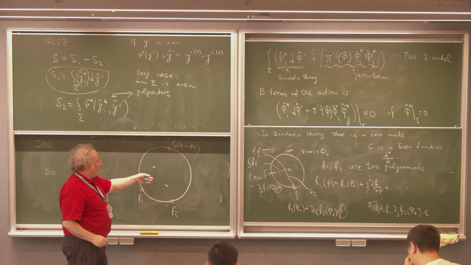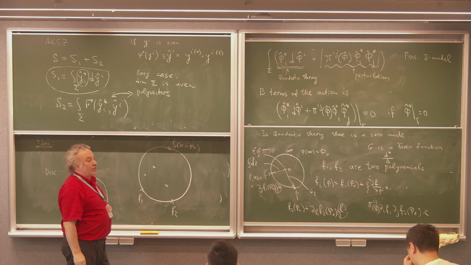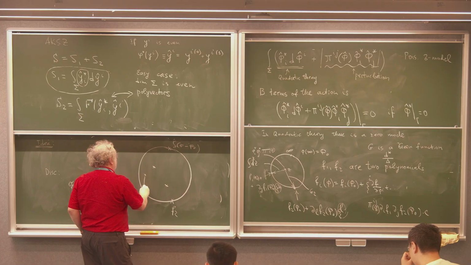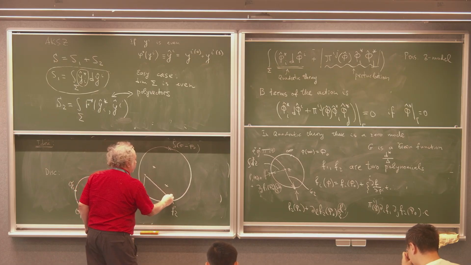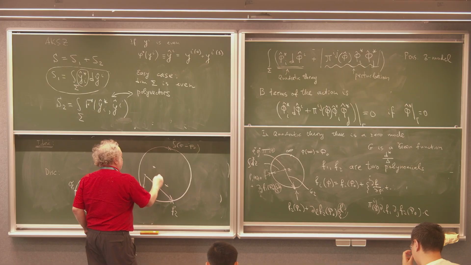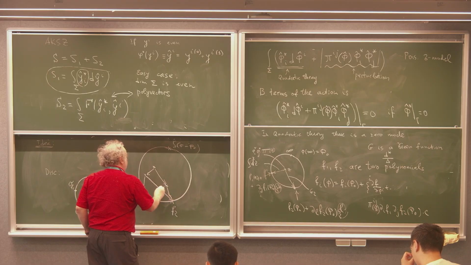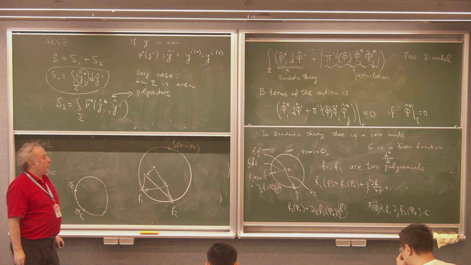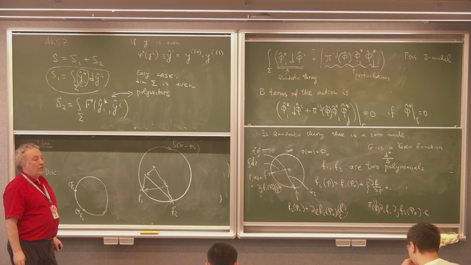I expand the interaction term many times, and I draw all possible lines, like this one and like this. Each arrow corresponds to a Green function.